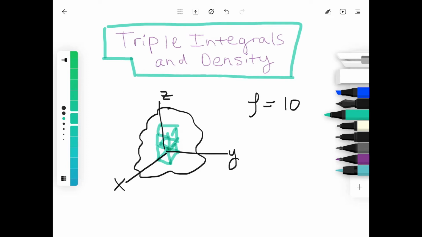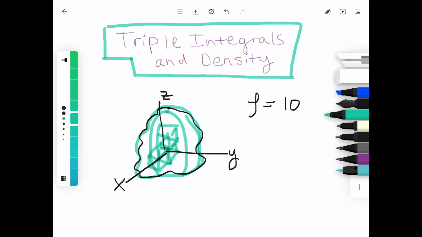And I know my picture doesn't really show it, but this shape here is coming out in a 3D way. So imagine that all of these tiny little squares that are infinitely small are filling up this region as much as they can.